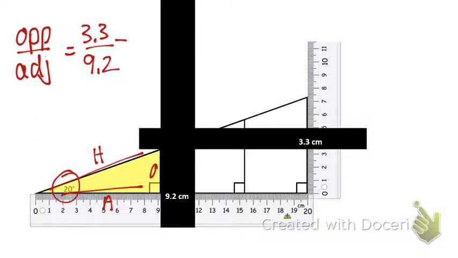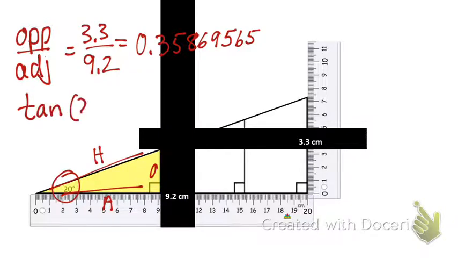And if we divide 3.3 by 9.2, our answer will be 0.3586965. So for this smallest triangle, the tangent of 20 degrees came out to that number right there.